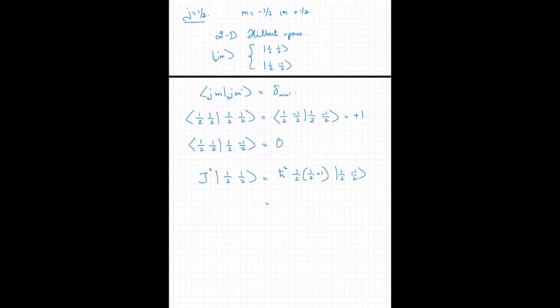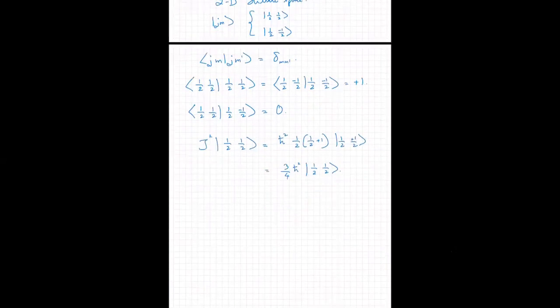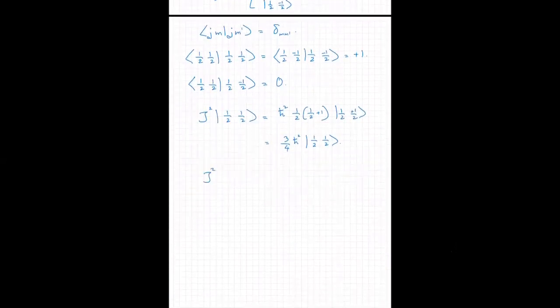So this is equal to 3/4 h bar square. Similarly, J square acting on |1/2,-1/2⟩ is also the same thing, 3/4 h bar square |1/2,-1/2⟩. This is so because these are eigenkets of the J square operator.